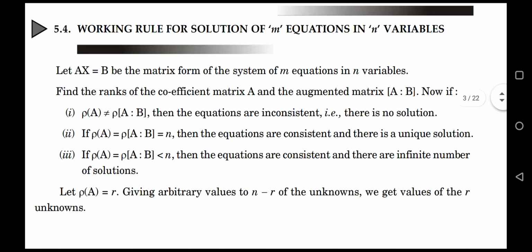The name of the chapter is System of Linear Equations. In this system of linear equations, we have given equations. First of all, we write the equations in matrix form, that is Ax equal to B, where A is the coefficient matrix, x is the unknowns x, y, z and B is the constants.